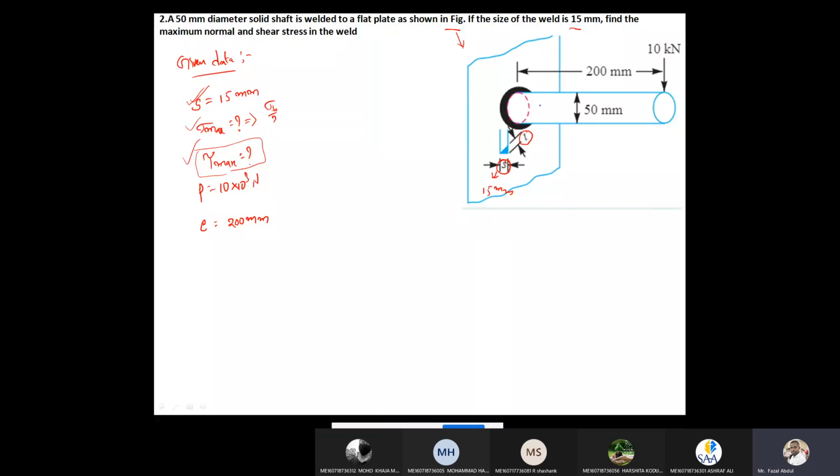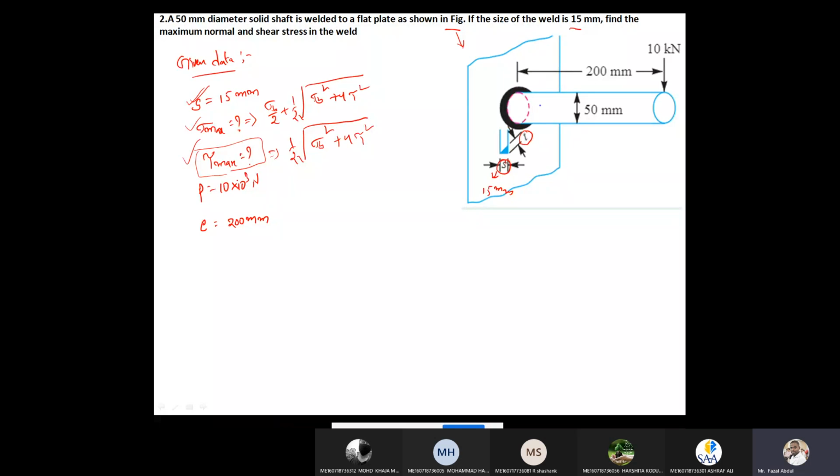Sigma b by 2 plus 1 by 2 square root of sigma b square plus 4 tau square. What is the maximum shear stress theory equation? 1 by 2 into square root of sigma b square plus 4 tau square. Okay, same equation we are using. Instead of calculating the s value, we are calculating the maximum stress.